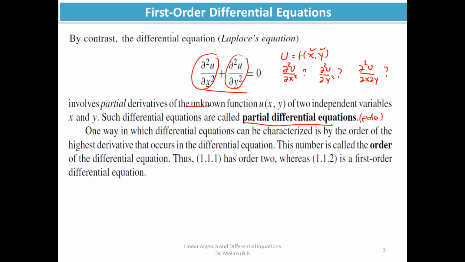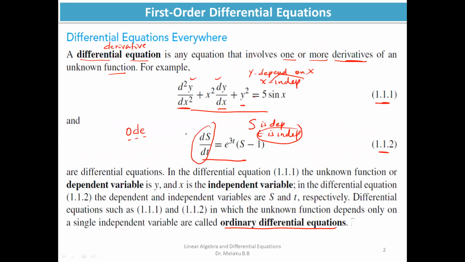One way in which differential equations can be categorized is by the order of the highest derivative that occurs in the differential equation. For example, if you go back here, the highest derivative is 2, therefore this is called what? Order 2 ODE, order 2 ordinary differential equation.